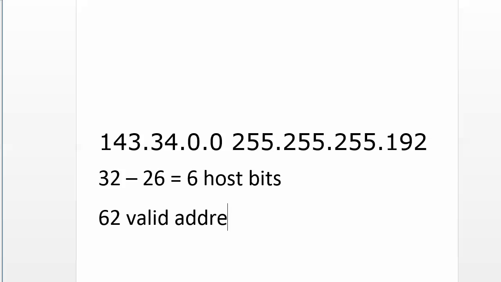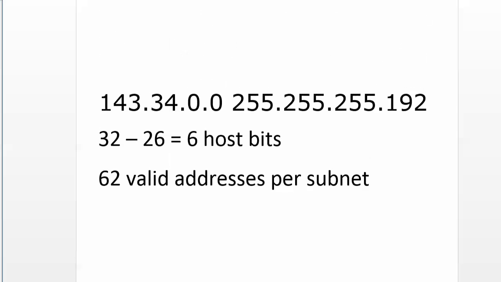So it's 8, 8, 8, 2, /26. So that would be 32 minus 26 to get the number of host bits. And then 2 to the 6th power: 2, 4, 8, 16, 32, 64, minus 2, 62 valid addresses per subnet. We have another one here?